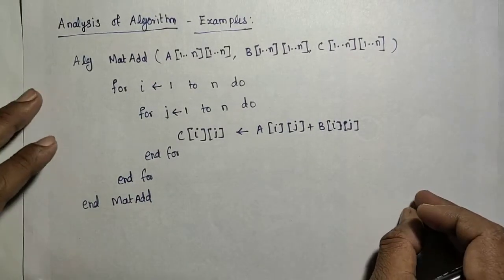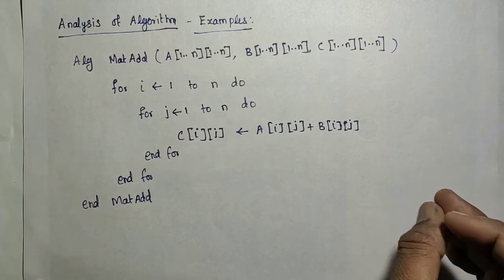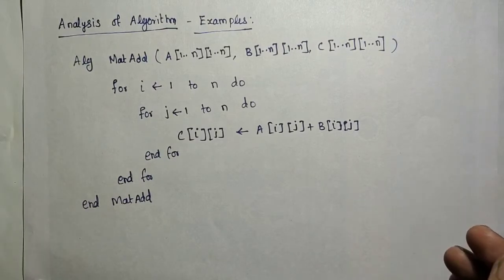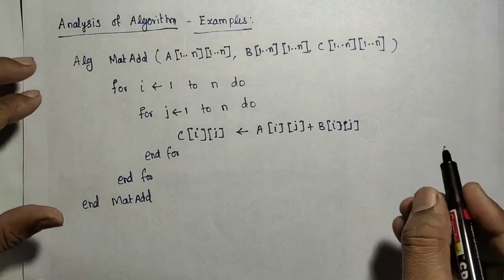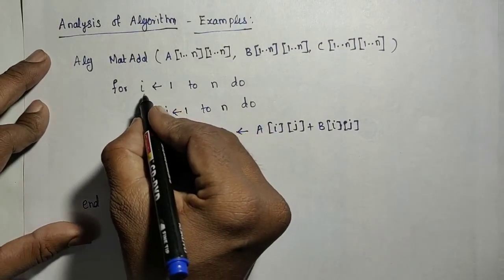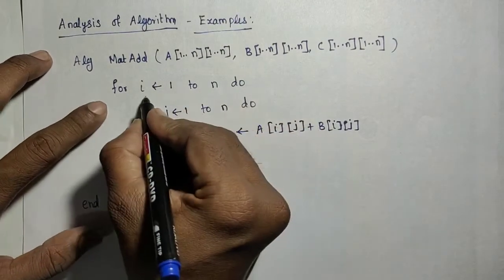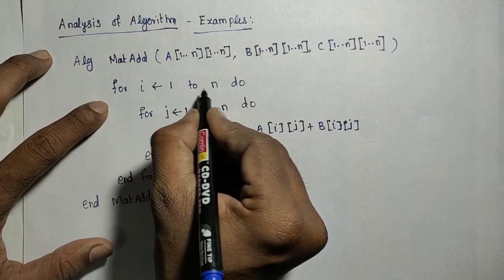For analyzing the complexity, we need to count the number of operations. How many operations are going to happen approximately, that we have to count. Consider the for loop header, 1 to n.